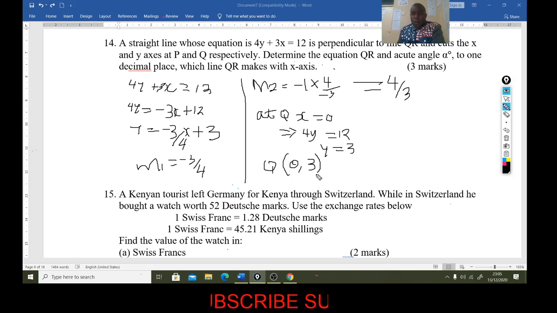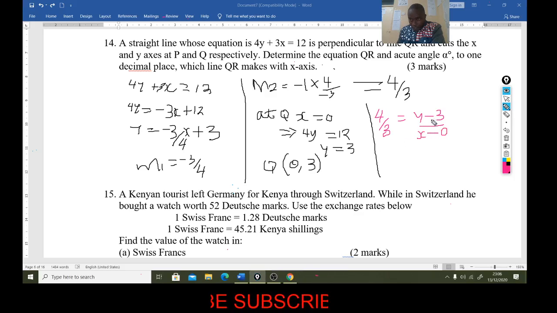If I have one point, I'm able to find the equation because the gradient is 4 over 3. So 4 over 3 equals, taking another point (x, y), y minus 3 all over x minus 0.